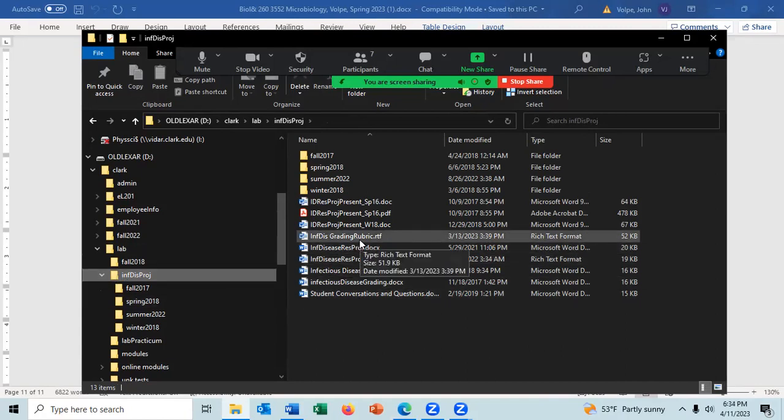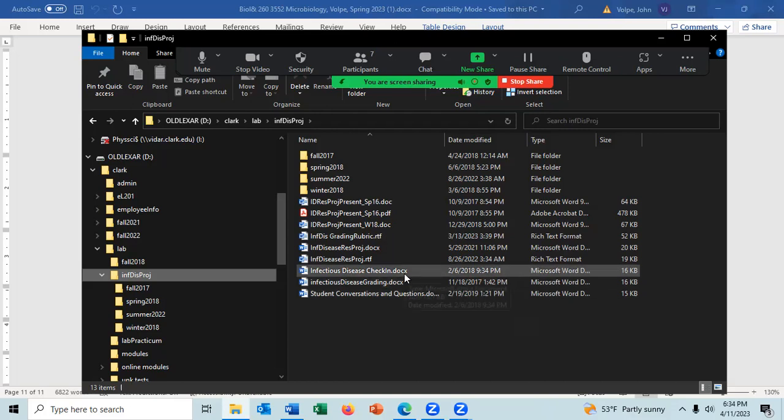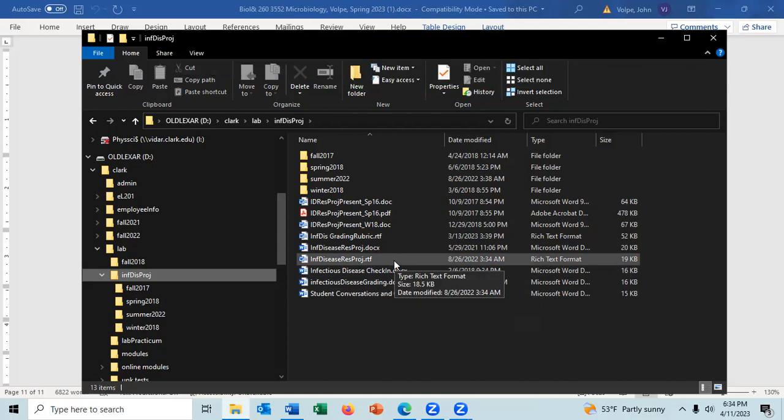So we're going to talk about the infectious disease project now, and then we'll talk about the lab. It's the grading. It's not the most recent. I'm trying to get the most recent one. It looks like it's this one.